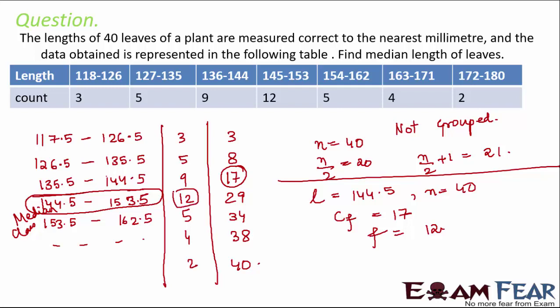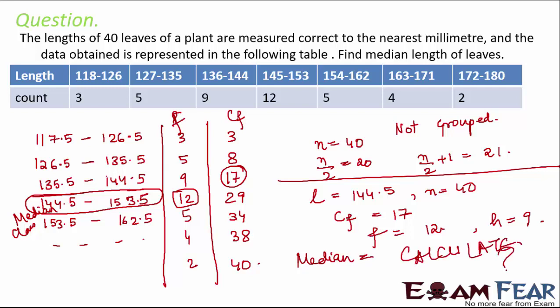This is the normal frequency, this is F, and this is cumulative frequency. Then we have H, which is class size, equal to 9. Now we can put it in the formula for median and calculate. I am not going to do the calculation, so you can do it on your own.